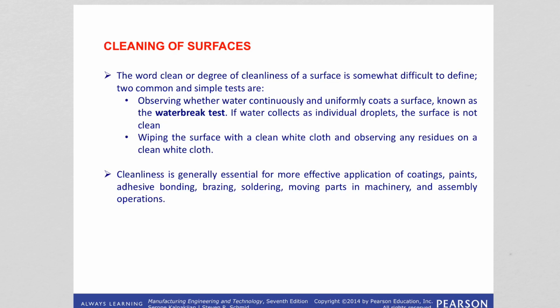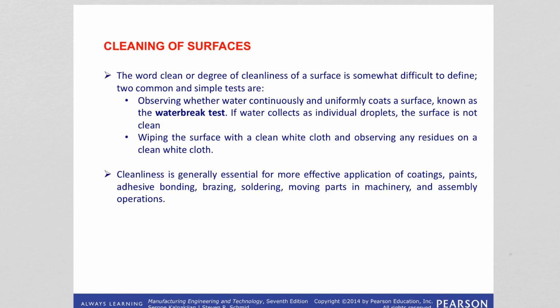So we have talked many times how important it is, especially during the joining processes or any other type of surface treatment, that the cleanliness of the surface is very important if you want to achieve strong bonding between the surfaces and the coating to the substrate. Then how do we define the degree of cleanliness for a surface?